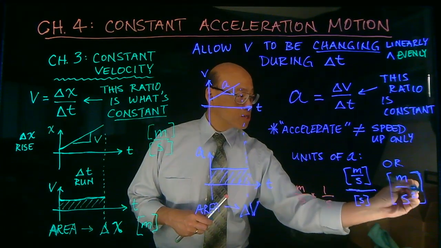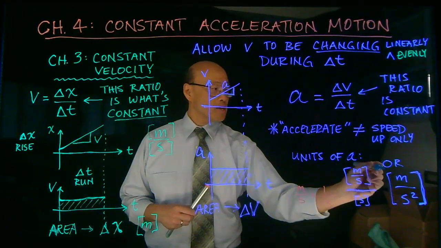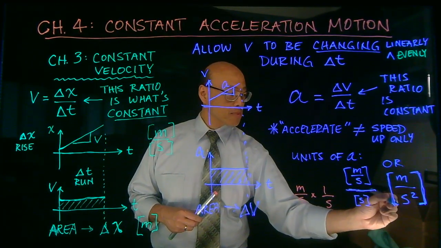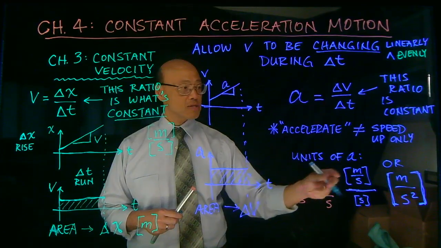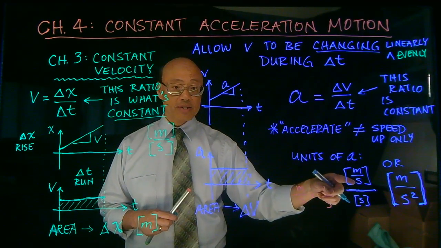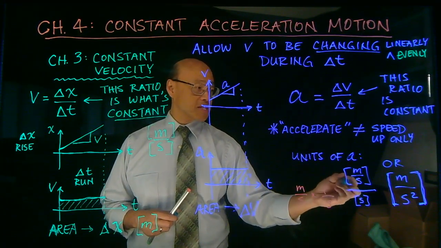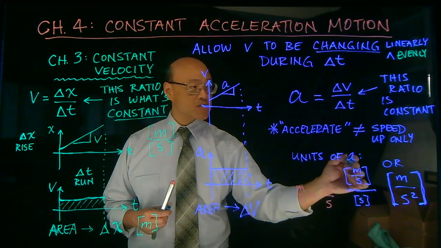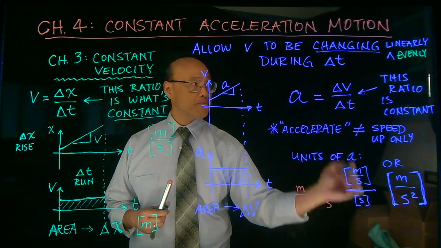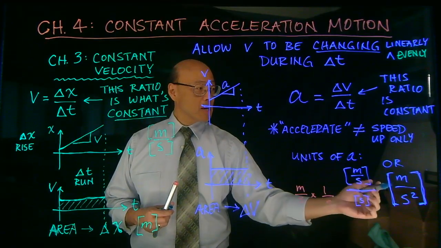Traditionally, meters per second squared is more frequently used, okay? The reason I want to make this connection is I also want to let you know that if you write this, you're still correct. The reason I want to emphasize this is because it gets you to think of velocity per time, v over t, meters per second per second.